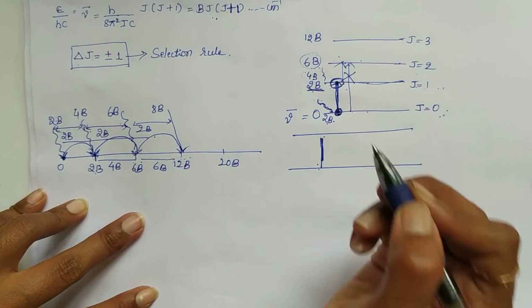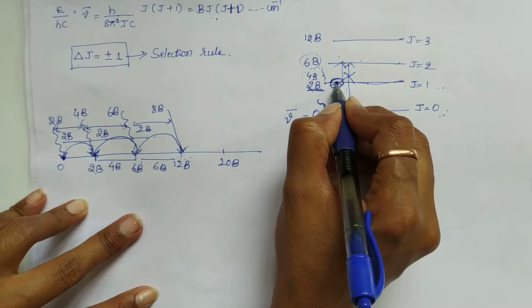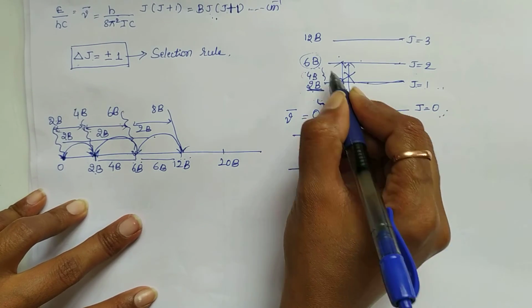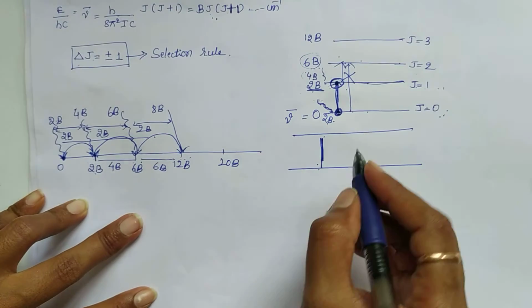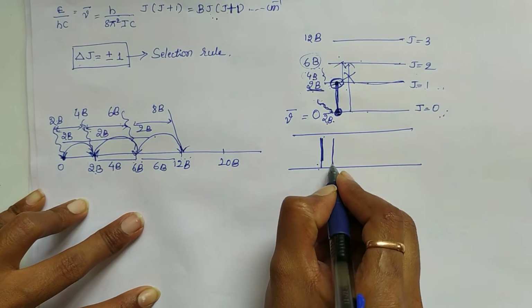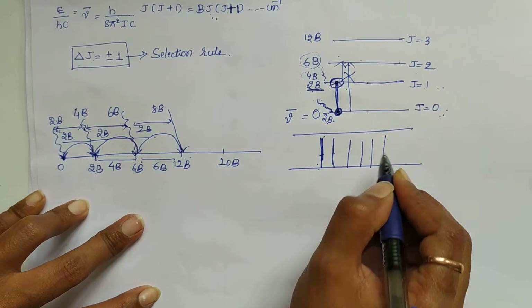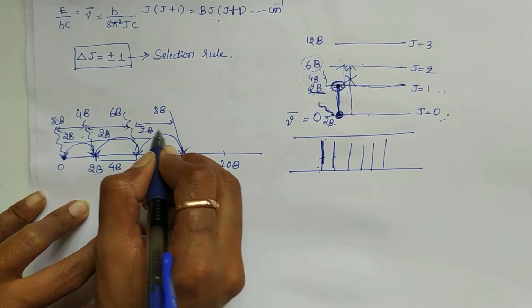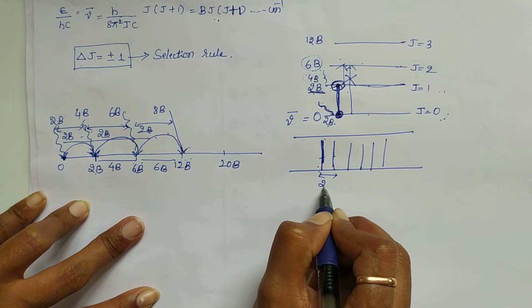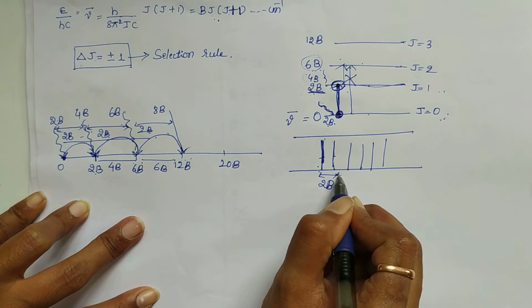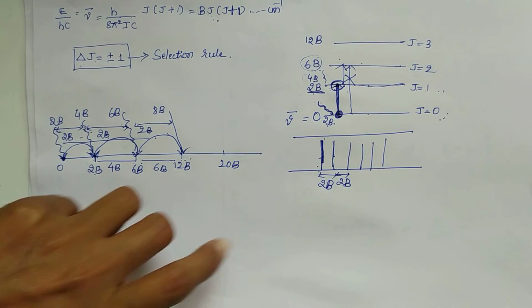Then again, the molecule in this state absorbs the radiation and goes to the next energy state. Again one more line will be there, and the difference between all these lines remains fixed. All these lines are 2b apart. So the difference between the lines in the spectrum is fixed in rotational spectroscopy.